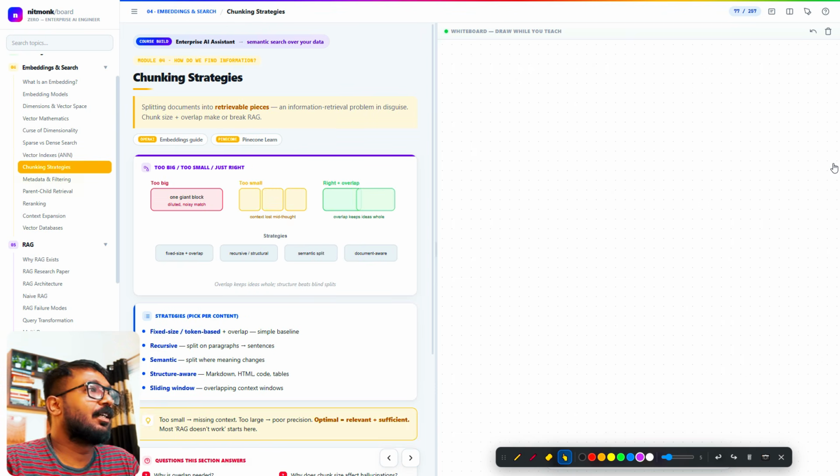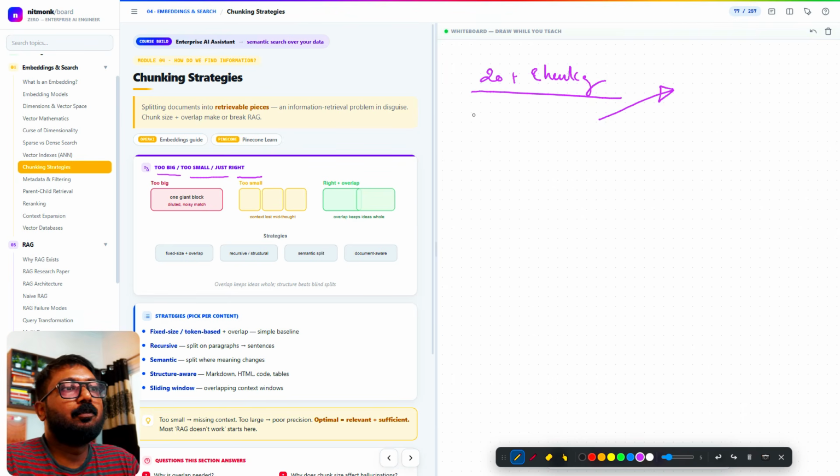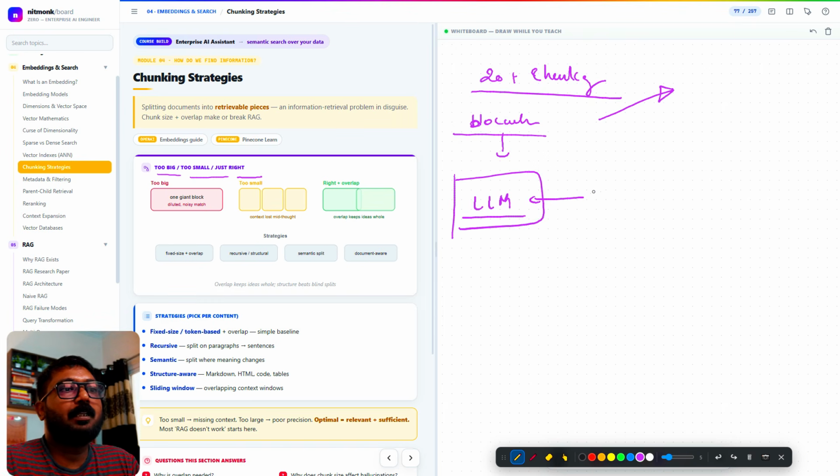Now let's try the chunking strategy. With chunking, what happens is: too big, too small, just right. There are around 20 plus chunking methods that I have already discussed in this video. You can watch this video and you will be able to understand it completely. In chunking, you get a bigger document and the LLM has to understand those words.